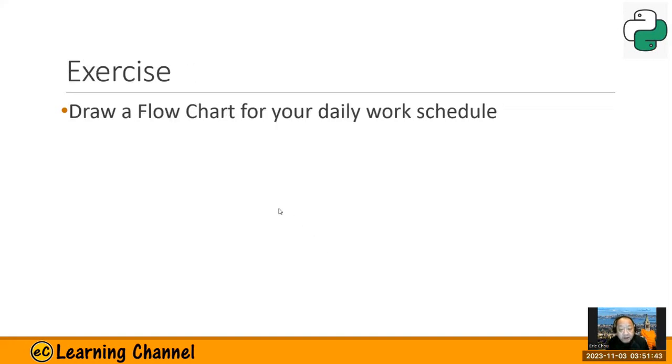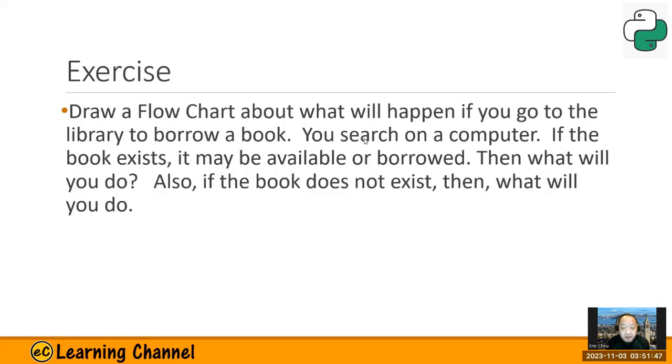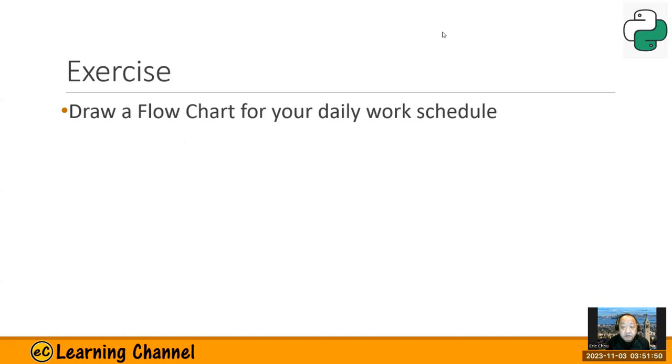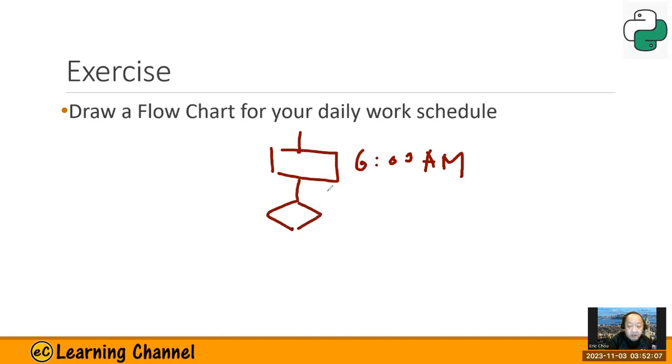Okay, you can use your flowchart to draw your daily schedule. So to draw this one, you will write it down like this. You wake up at 6 a.m., and depending on whether it's a weekday or weekend.